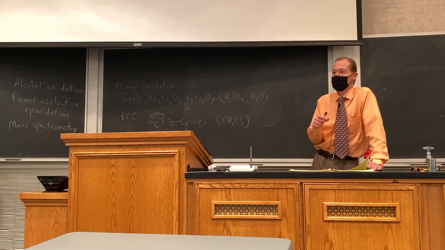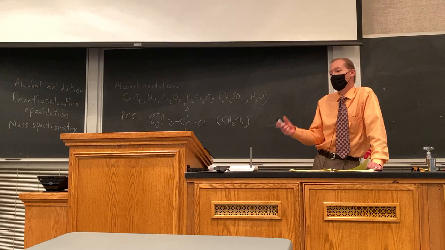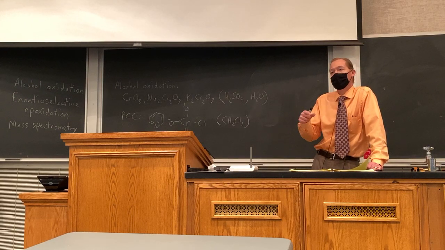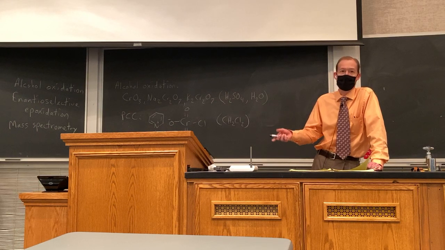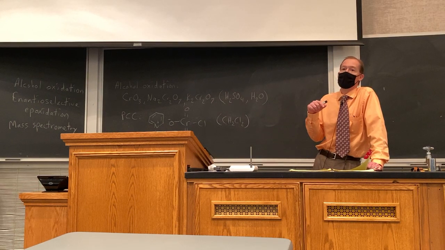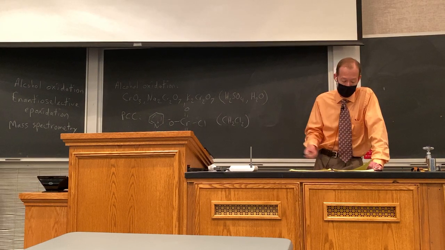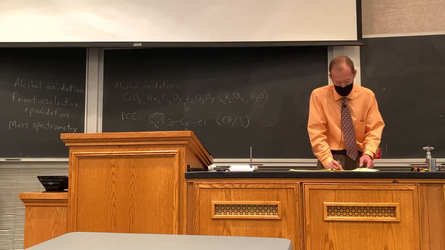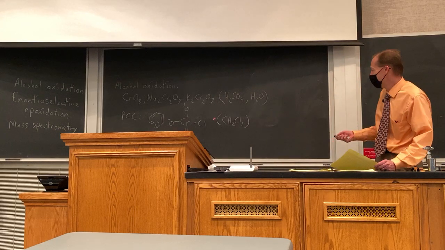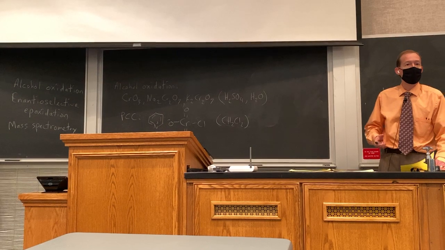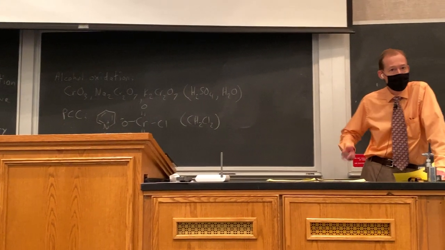Primary alcohols can be oxidized to give aldehydes or carboxylic acids, is what I meant to say. Secondary alcohols can be oxidized to give ketones, and tertiary alcohols cannot be oxidized. So we've drawn here on the board the reagents that are most commonly used for oxidation.